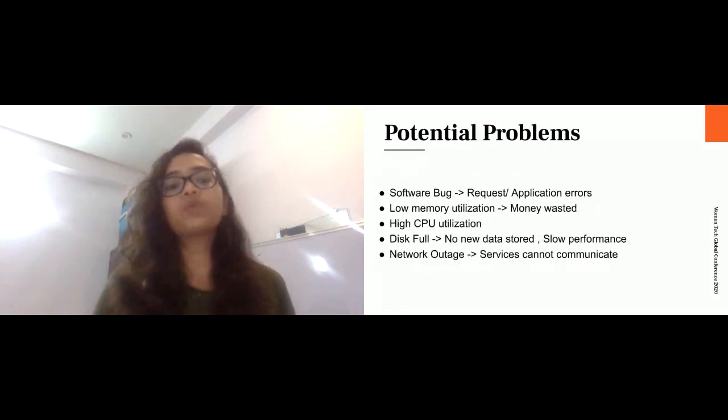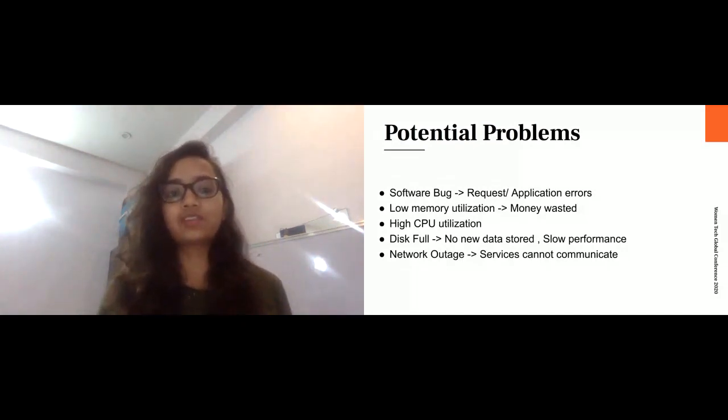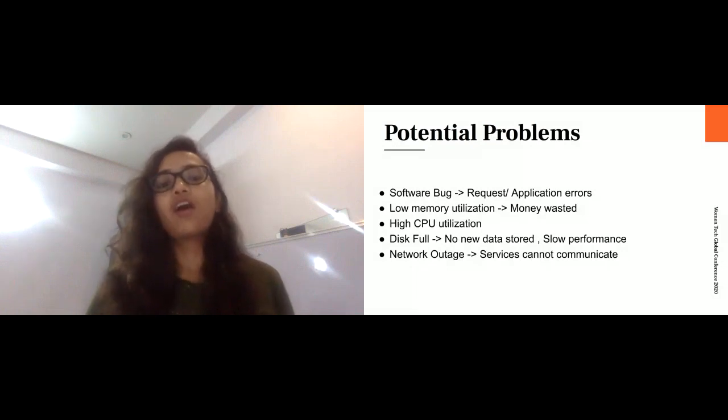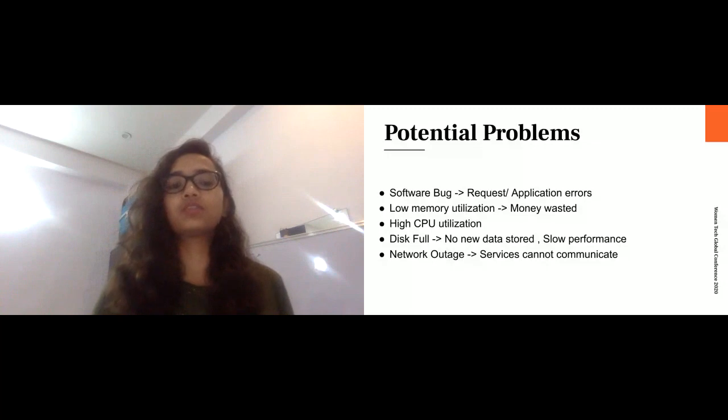So if we talk about potential problems, we have a lot of software bugs. For example, you're using some shopping app, and your features are not working, right? Then that's an application error. You're trying to buy some shirt, but you're not able to do it. So that's a software bug. There could be low memory utilization. Now, this is something related to your infrastructure.